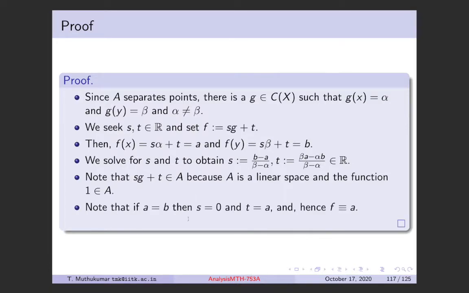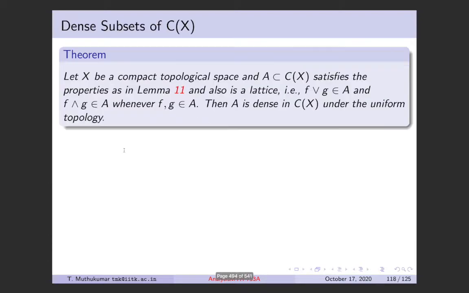And when a is equal to b, you can check from these formulas that s is 0 and t is a, so f is actually the constant function a. It takes the value a at both x and y, in fact at all points in the domain of f. So we have proved that result.